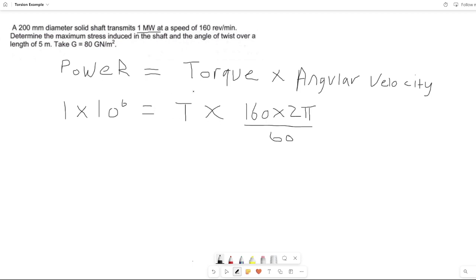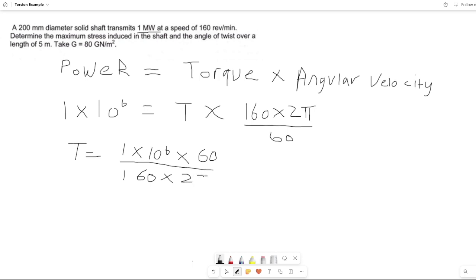We would then be able to rearrange that for the torque. So T would equal 1 times 10 to the 6 times 60 divided by 160 times 2 pi.